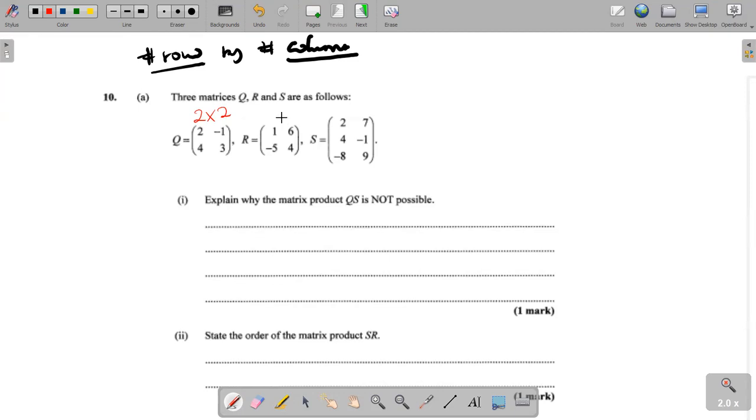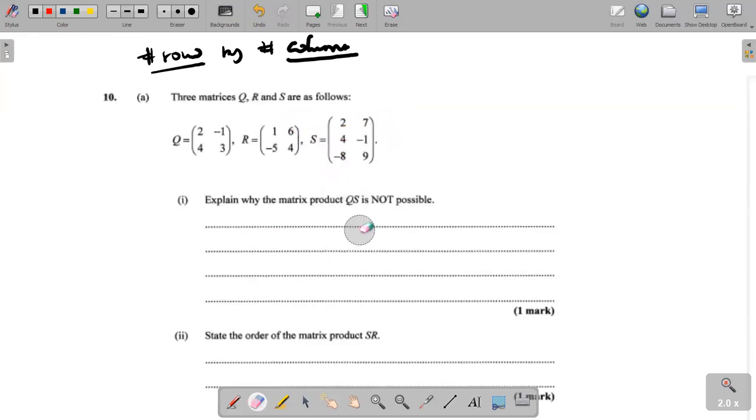What is the order of the R matrix, everybody? Very good, also a 2 by 2. What is the order of S? Excellent. It is a 3 by 2 and not a 2 by 3, because it has 3 rows and 2 columns. Now, this question is so easy that people didn't know how to answer it.